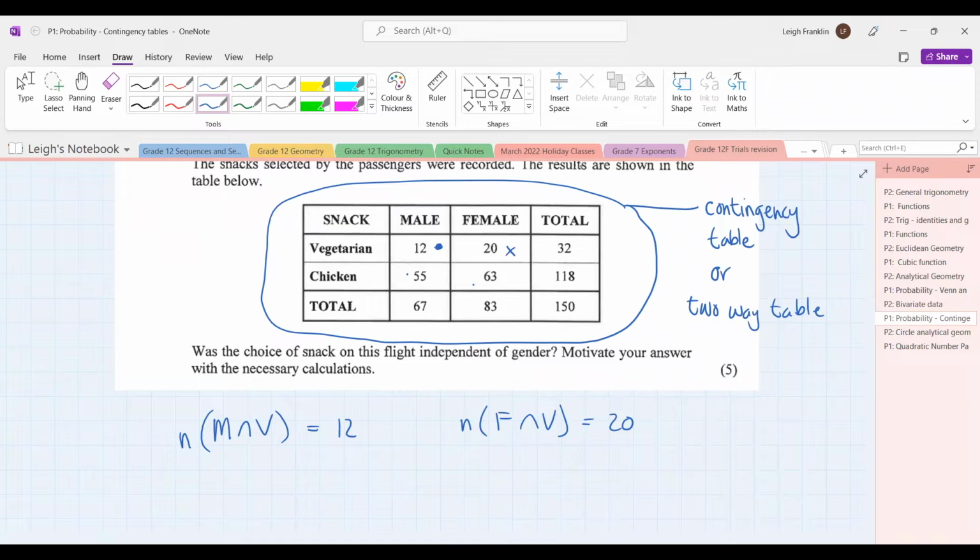Or you could look at the probability of someone being female and choosing chicken. And then you would have to consider the probability of someone being female times the probability of someone choosing chicken. Okay, so there's four ways in which we can answer this particular question, depending on which cell we use. Does that make sense? Does that make sense to everybody?